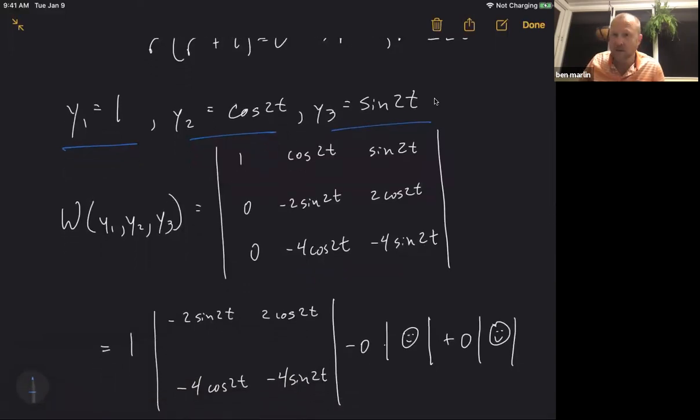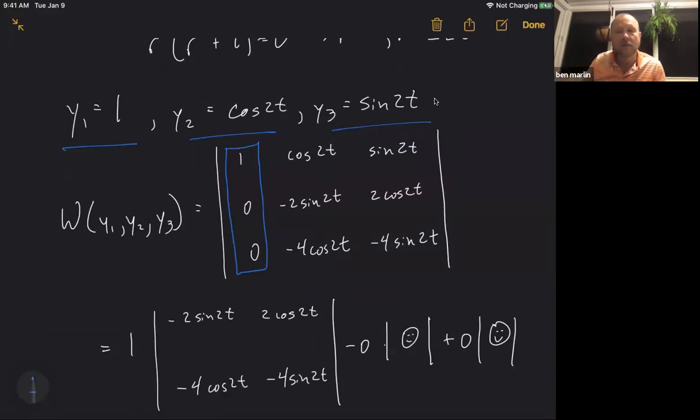Now, if you have never taken a determinant before, the best thing for me to say is go Google it and take a look at a video that does the determinant. But what we do is we pick a row or column to expand across. And because we're smart, we always choose the easiest possible thing.